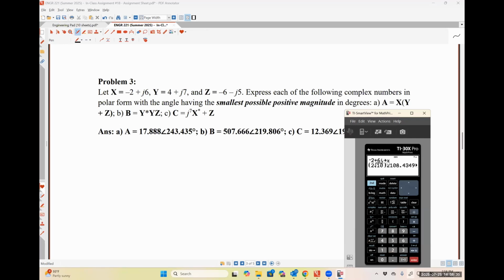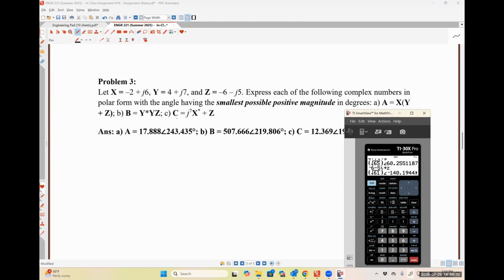And now that is stored in my calculator as X. It converted it over to polar form, but that doesn't matter to me at all because the calculator literally doesn't care. Okay. 4 plus 7 I'm going to store that as Y. And -6 minus 5 I'm going to store that as Z.